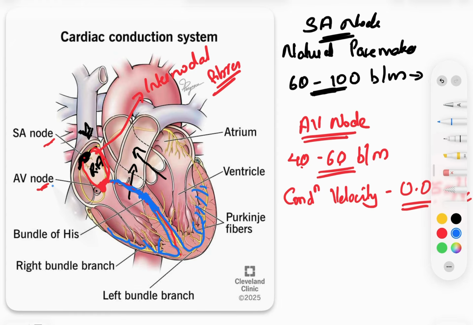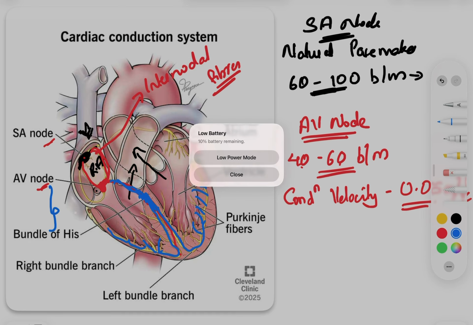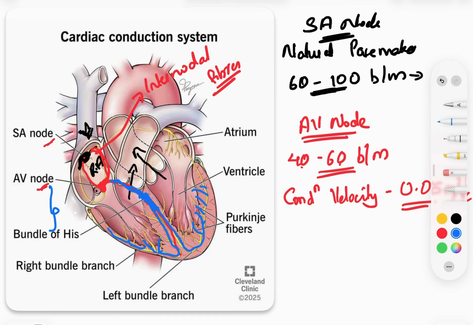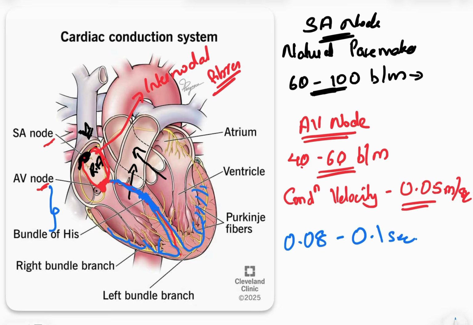From the AV node to the bundle of His, there is a small time gap. It will take some time for the transfer of the impulses, and this time is about 0.08 to 0.1 second before the AV node transfers the impulses to the bundle of His.